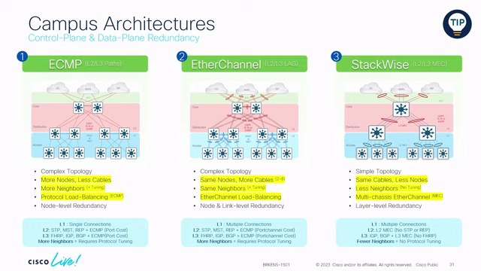So again, at a basic level, that's the design level thinking of what you're trying to do. There's no religion here. You can build a normal ECMP network, and if you do it right, it is stable and very predictable, okay? But there are also reasons why using a stacking design will simplify your network.